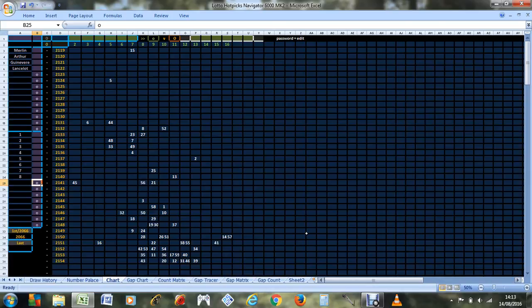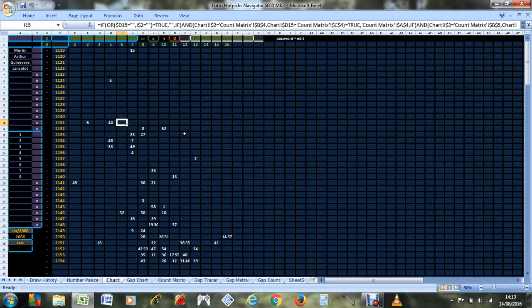So really, the chart you want to be looking at is this one. If you want to pick the most frequent numbers, pick these at this end. If you want to pick the most overdue numbers, you can pick these ones. But generally, because you know it's going to be random and chaotic, you should just basically pick numbers spread around.